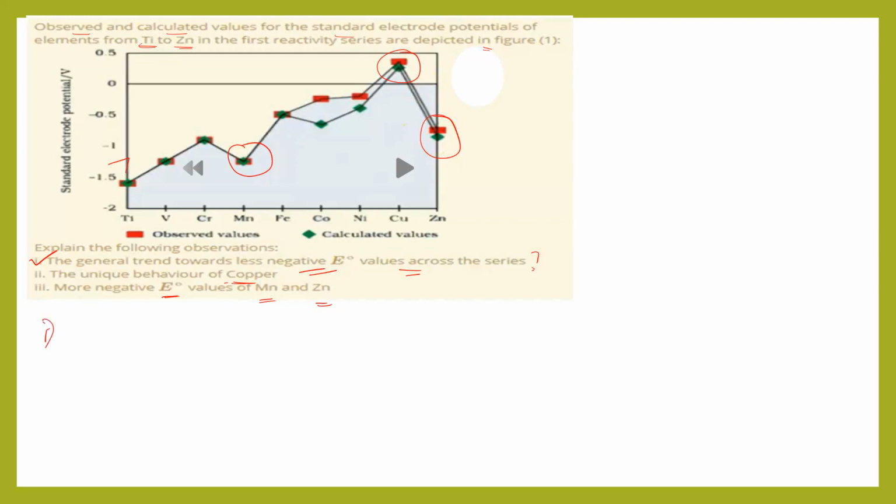Answer for the first question: less electronegative.